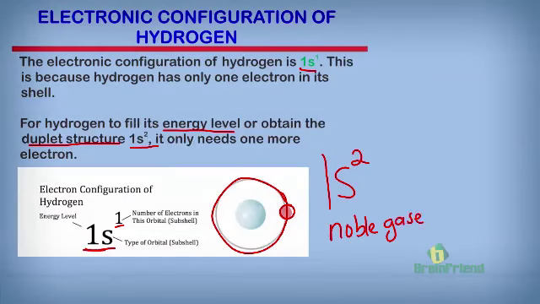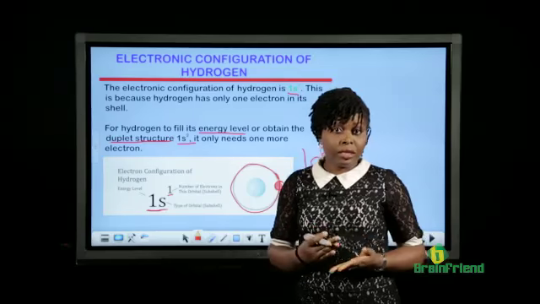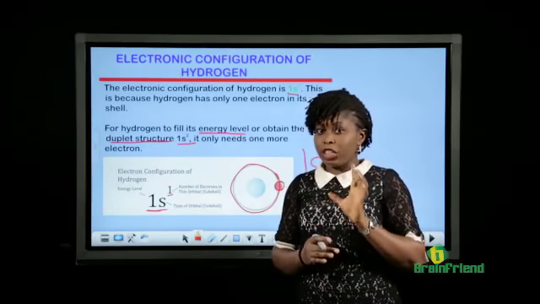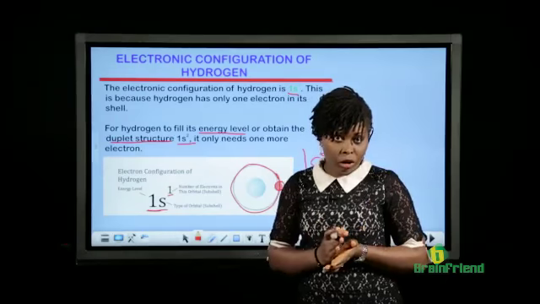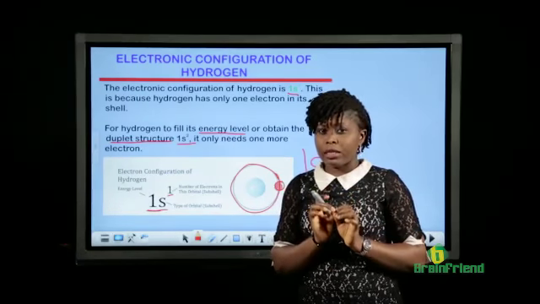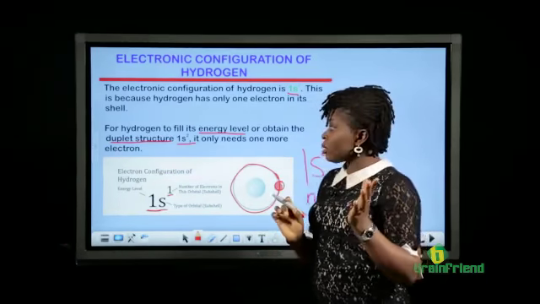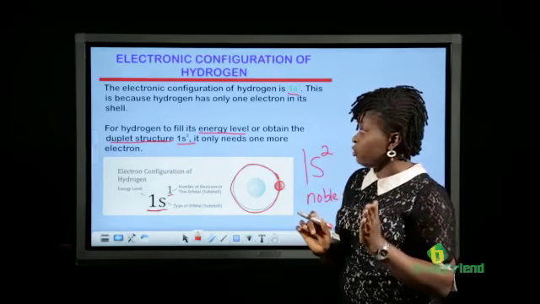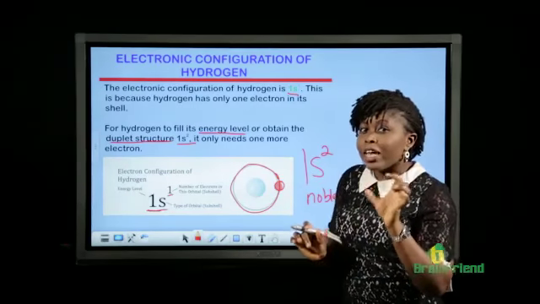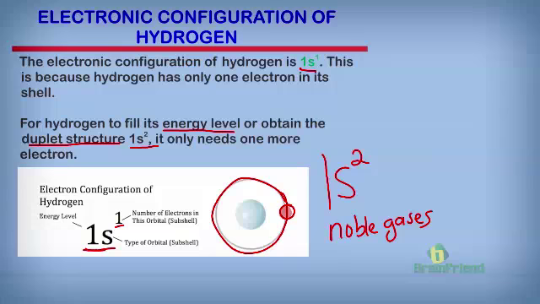They do this by possessing either 8 electrons in their outermost shell or just 2 electrons in their outermost shell. Those that achieve a stable electronic configuration with just 2 electrons in their outermost shell are known as duplet structures, while those elements that obtain stability with 8 electrons in their outermost shell are known as octet structures.